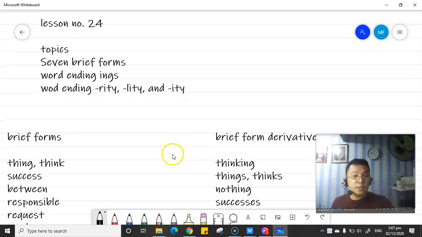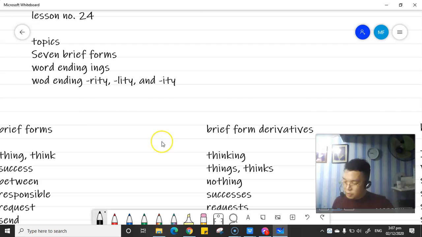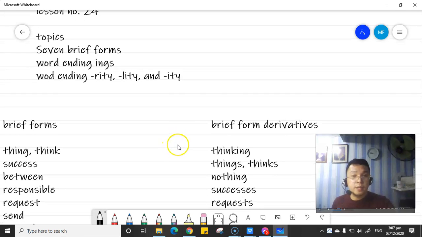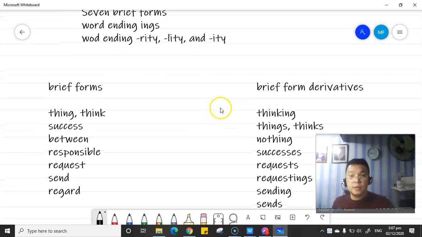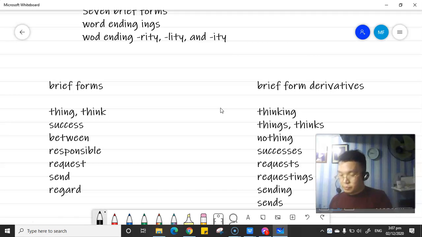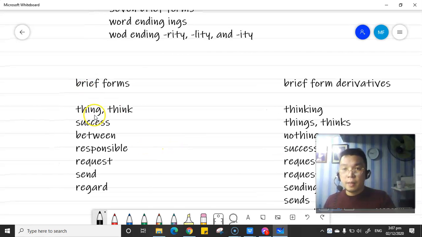So the word ending with T is represented by a disjoined R symbol, and then the word ending LT and LTY is represented by a disjoined L symbol. Okay, so let's have the brief forms.